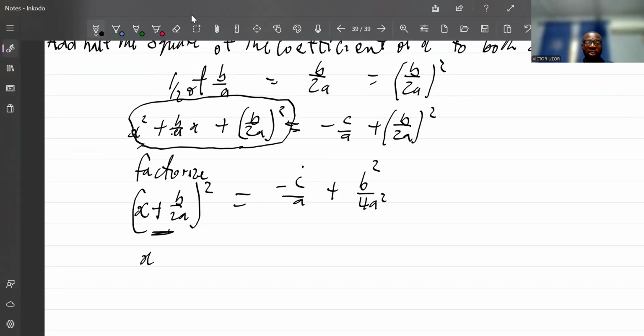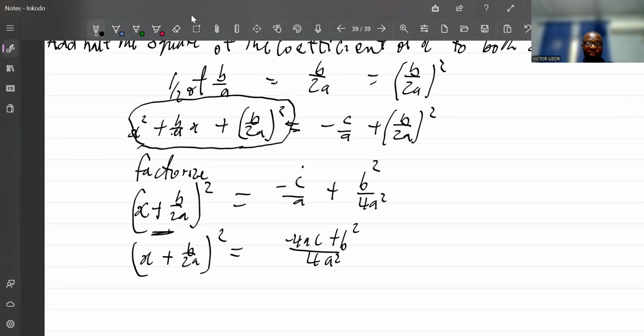Leave this one so that I can simplify the right-hand side. If I find the LCM of both sides, the LCM is 4a squared. If I divide this by this, we have 4a, so I'll have negative 4ac plus b squared. This is what I will have.